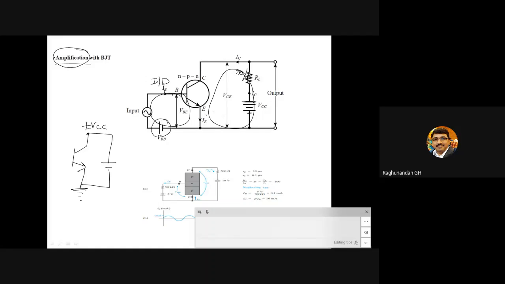Amplification means in which region should it operate?